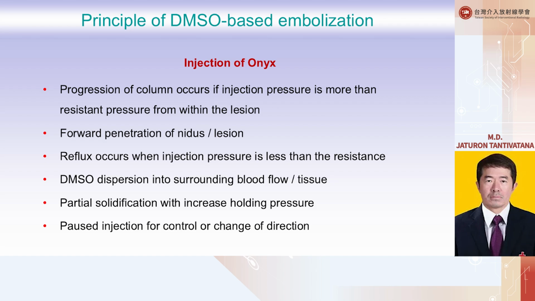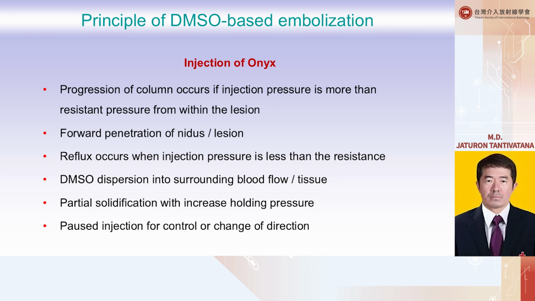The principle of injection of the Onyx is the progression of the columns. Columns propagate inside the lesion if the injection pressure is more than the resistance pressure inside the lesion. That will cause forward penetration of the Onyx into the lesion. Reflux usually occurs when injection pressure is less than the resistance within the nidus or within the target tissue.